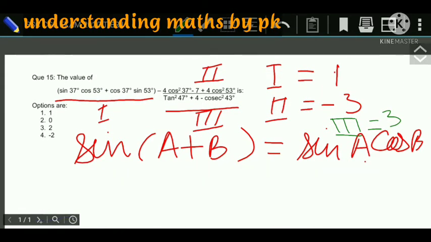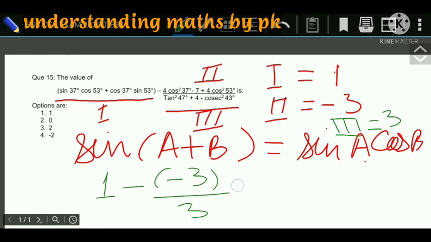Now we can put the values. Value of the first part is 1, minus value of the second part is minus 3, divided by value of the third part is 3.